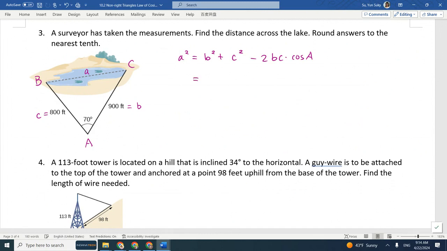What is B? 900 squared plus C. C is 800 squared minus 2 times 900 times C, which is 800. And then cosine A, which is 70 degrees. So what do you get?